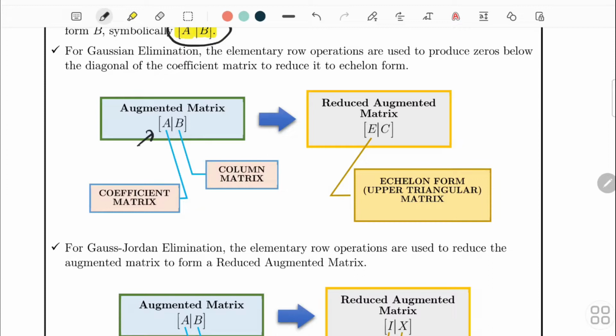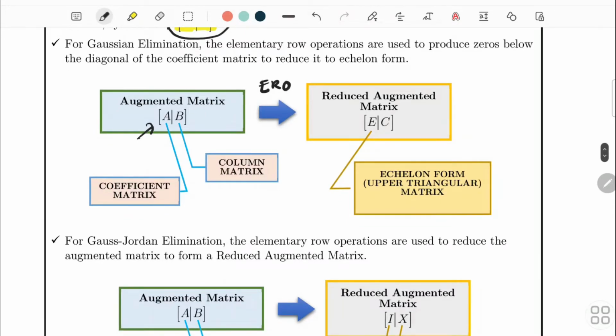Okay, this is how we're going to start. Start with A augmented with B, reduce by using ERO, elementary row operations, until we get in this form, E augmented with C. So what does it mean by E? E is a matrix in the form of an upper triangular matrix.